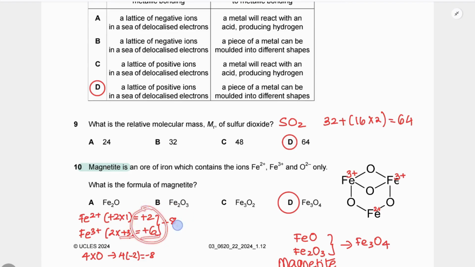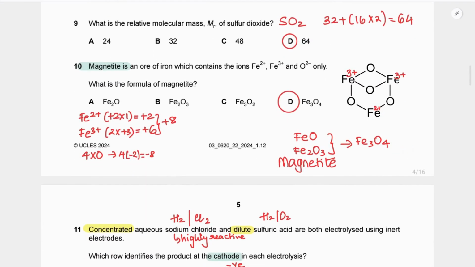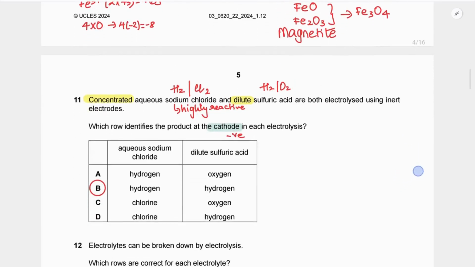So in total we get plus 8. Follow up with the oxygen. We have a total of 4 oxygen, each oxygen provides -2, which gives me -8. So plus 8 and -8 cancel each other out and give a neutral molecule. So the correct answer is Fe3O4, which is D. Next question.